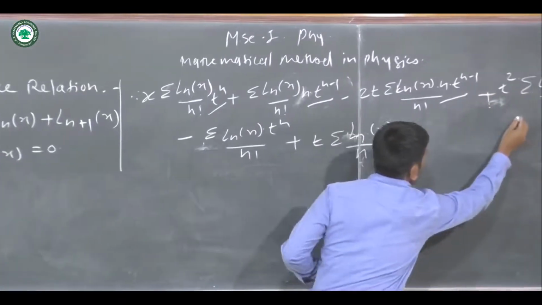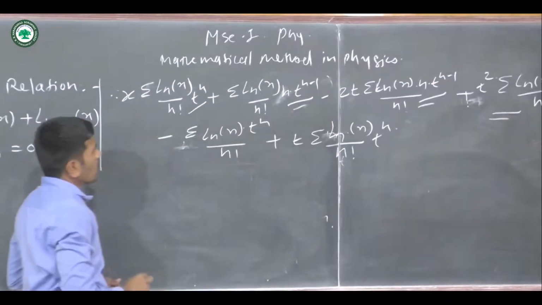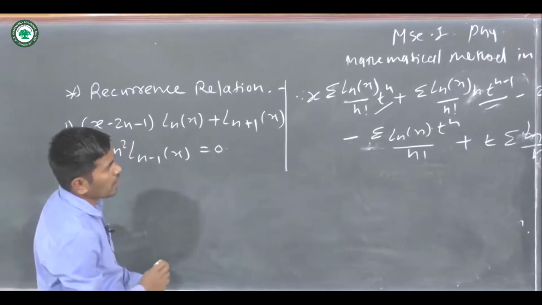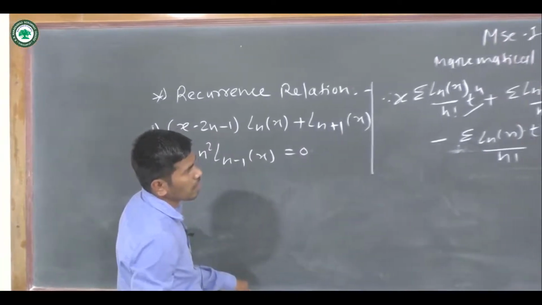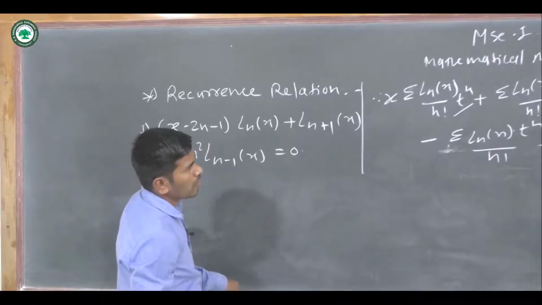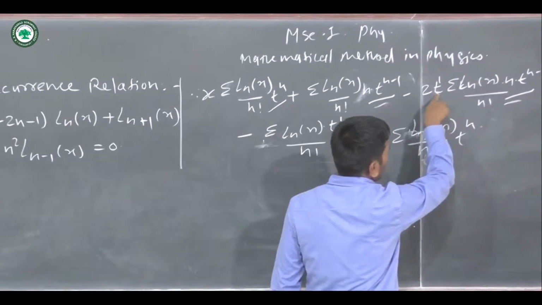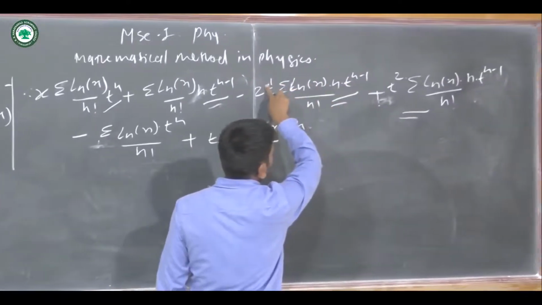So in these three terms, I am going to put n is equal to n plus 1 in the first and second summations, and in the third summation I am going to put, okay, here is t power 1, so this t power 1 and the t power n minus 1, the minus and the plus 1 cancel out.